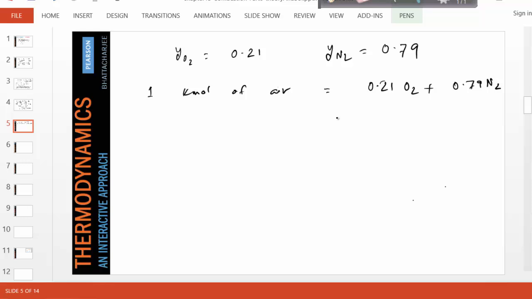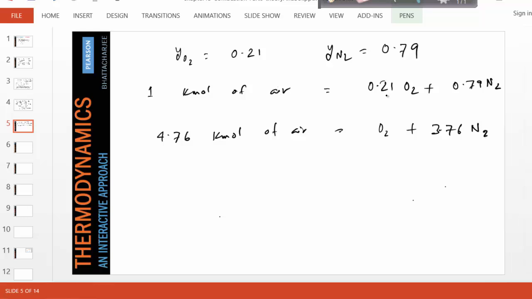Notice if I want to make it in terms of 1 kilomole of oxygen, then you have to do 1 divided by 0.21, which is 4.76. So if you multiply both sides by 4.76, we'll get 4.76 kilomole of air. You can see that then you'll get O2 plus 3.76 of nitrogen.